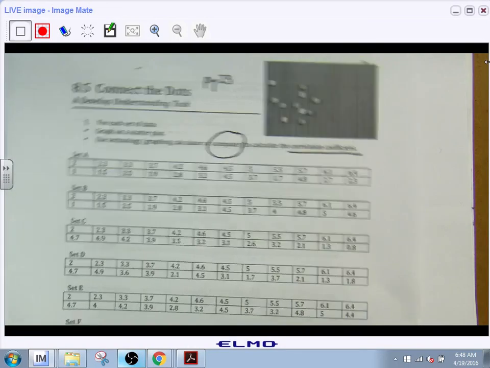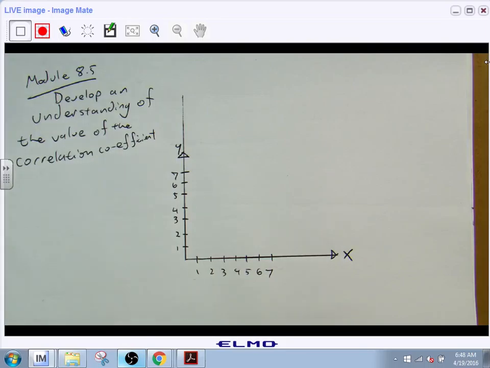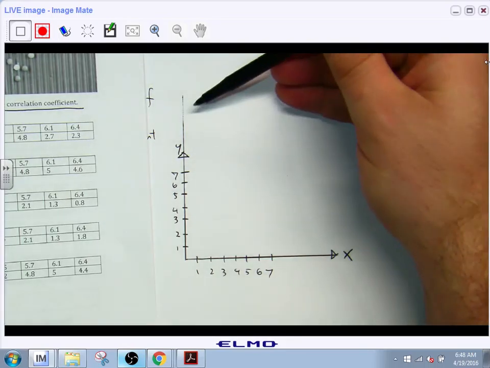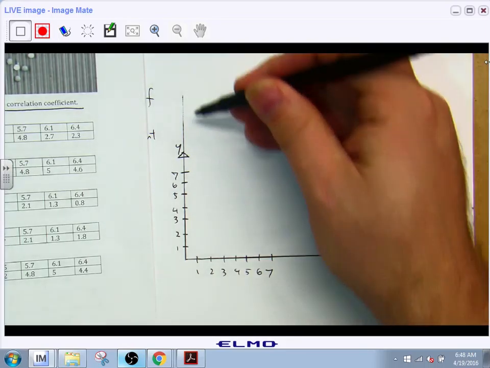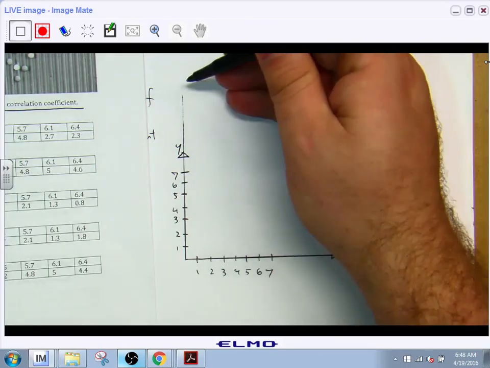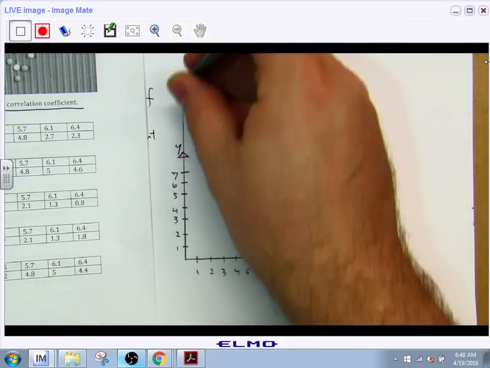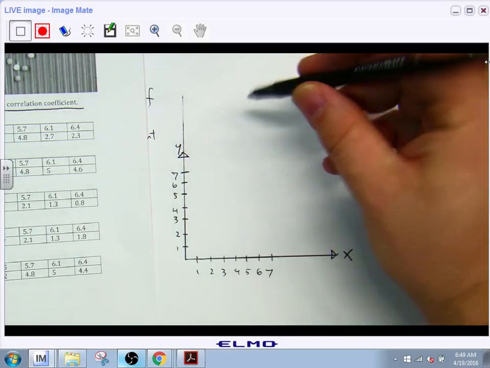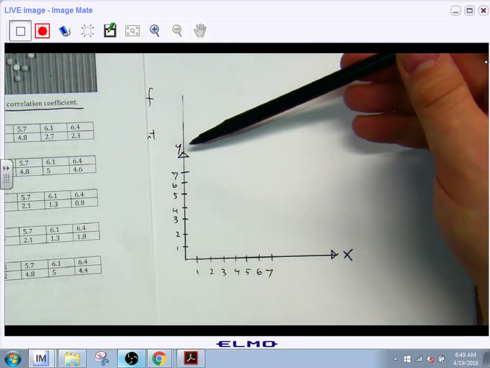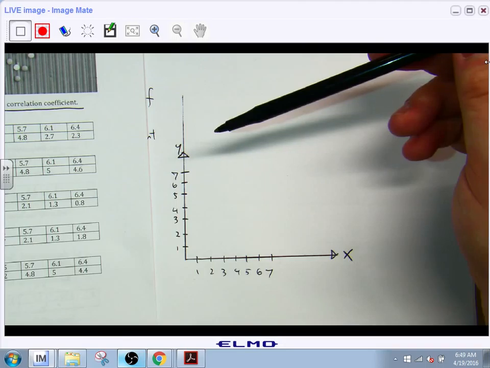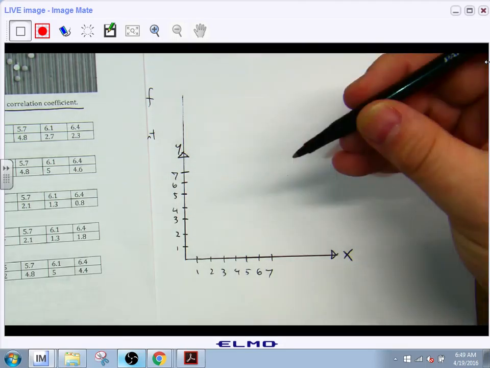What I want you to do for all of these, in your notebooks, is draw out a basic Cartesian plane. We only need the first quadrant here. So draw out a Cartesian plane so that we can graph these points.